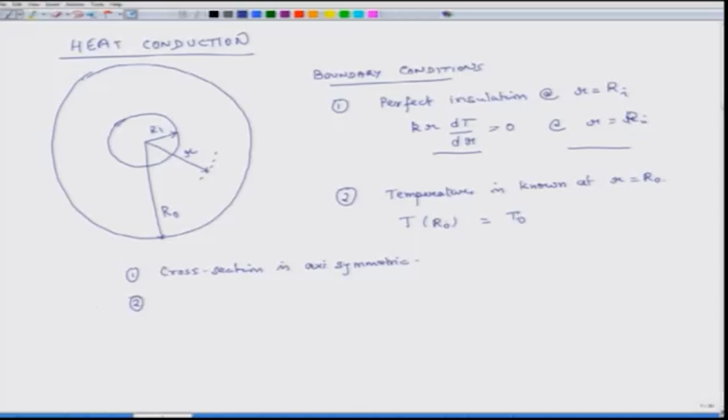Which means there is no change in cross section if I move in the theta direction. The second thing we notice is that it does not matter whether I am at this position or this position, the boundary conditions are also axisymmetric.